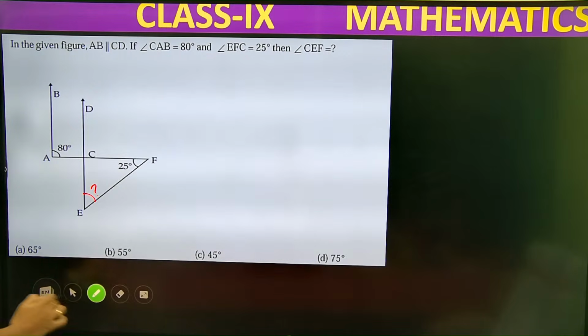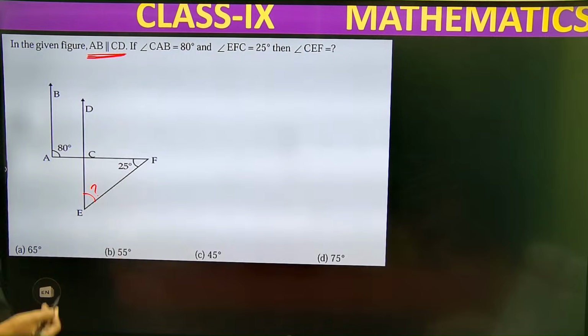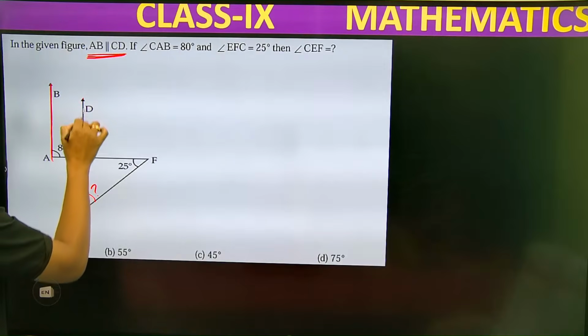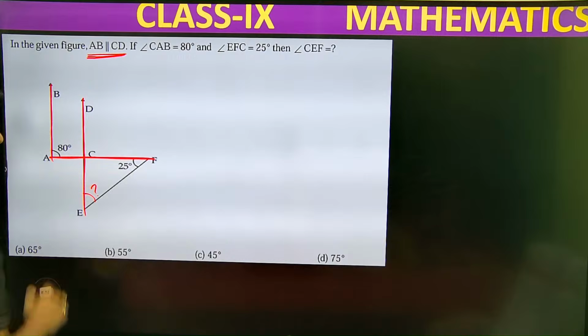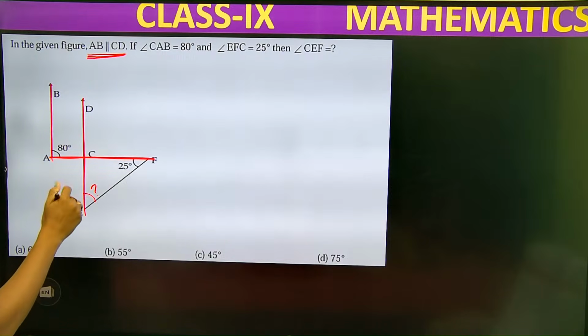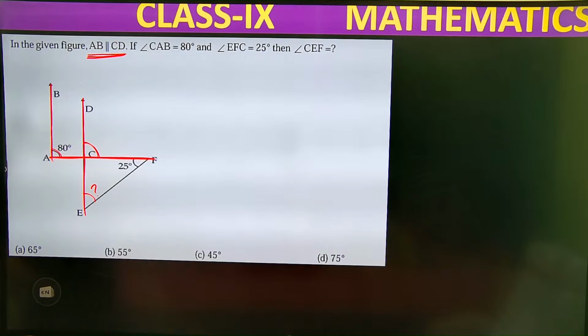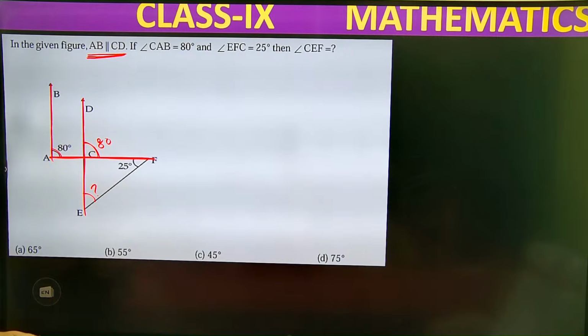Here we can use two properties. One is the parallel line property. Check, AB is given parallel to CD. So since AB is parallel to CD, this is a transversal.